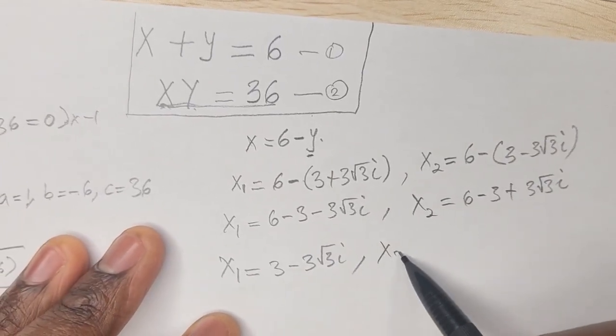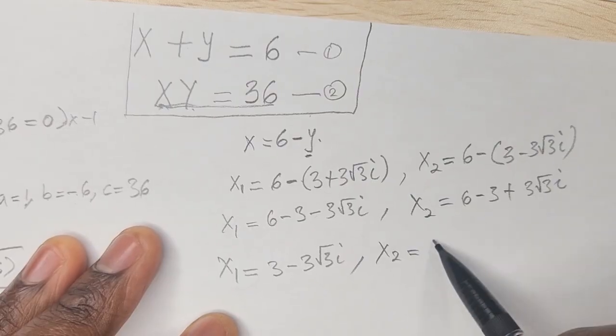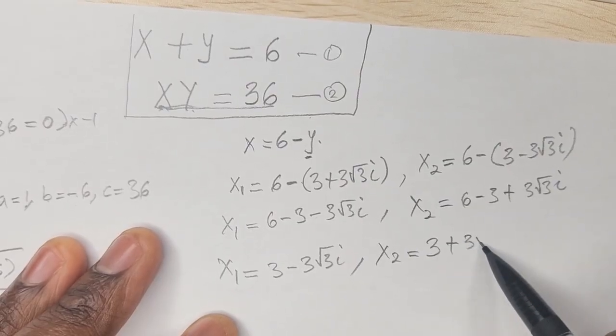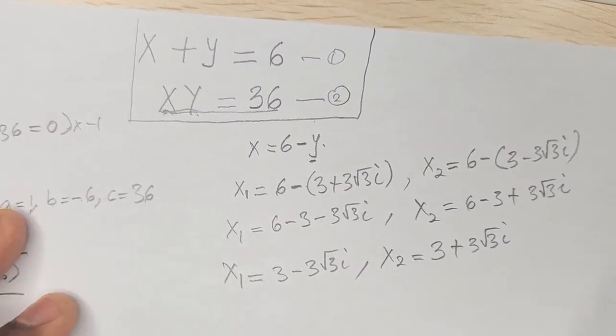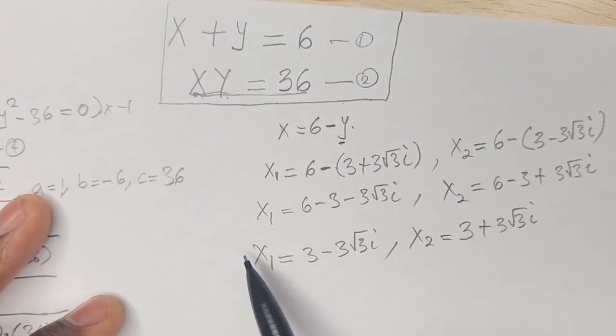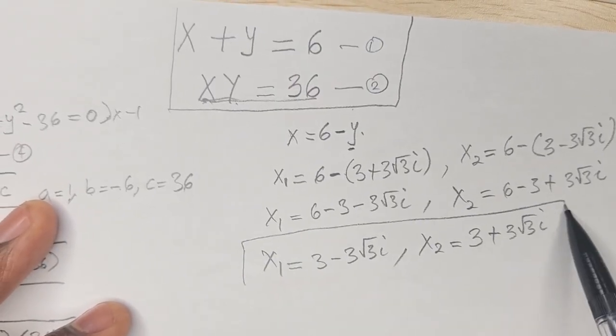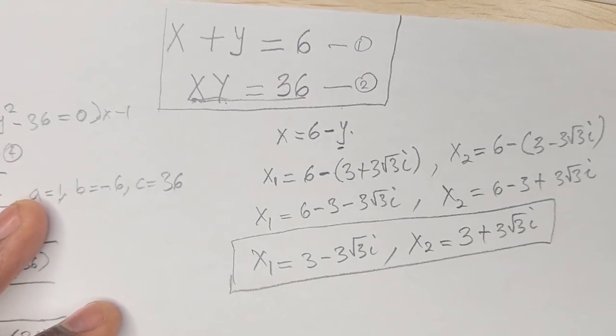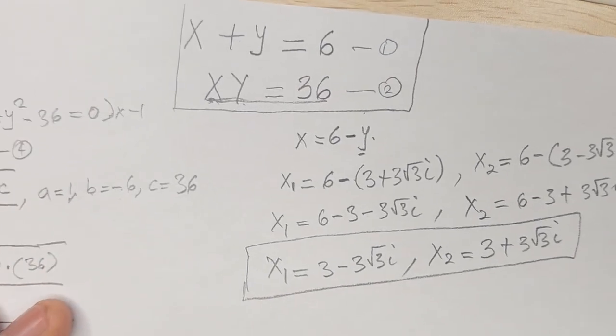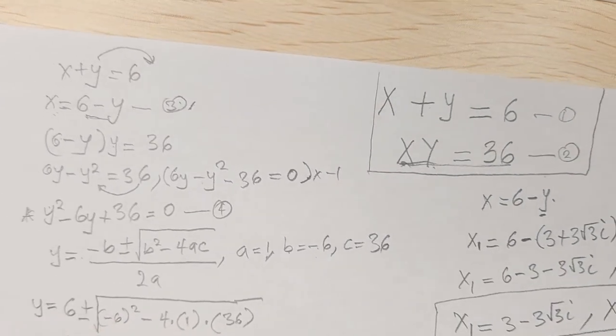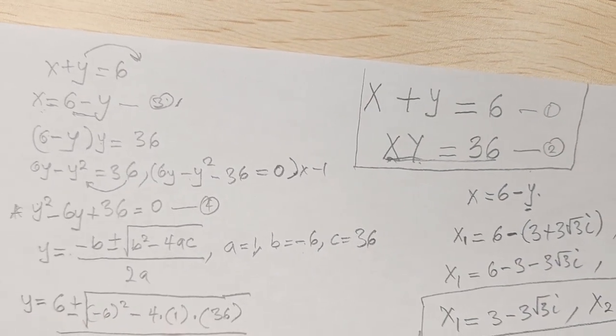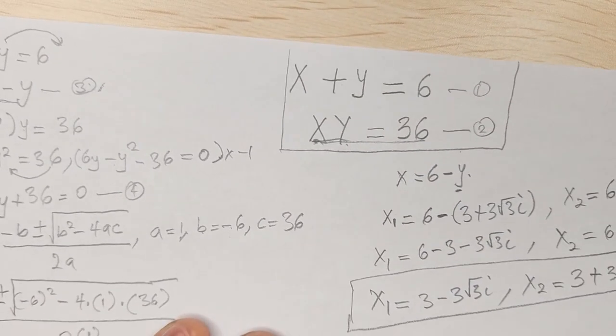And x2 is 6 minus 3 is 3, plus 3 root 3 i. So these are the values that we get for x1 and x2. Now we need to go back and prove that our answers are correct.